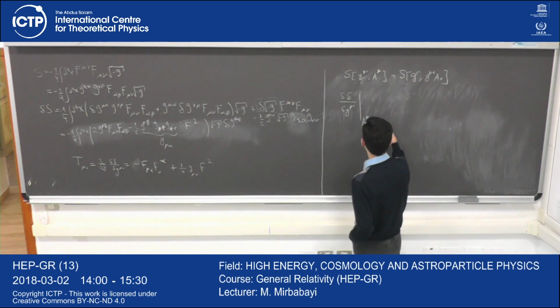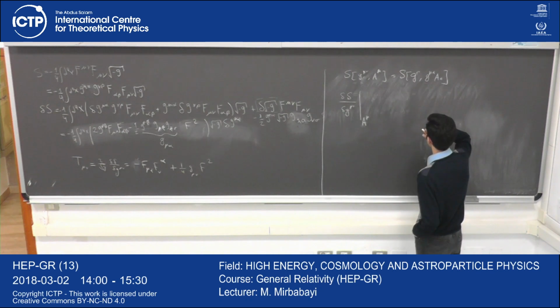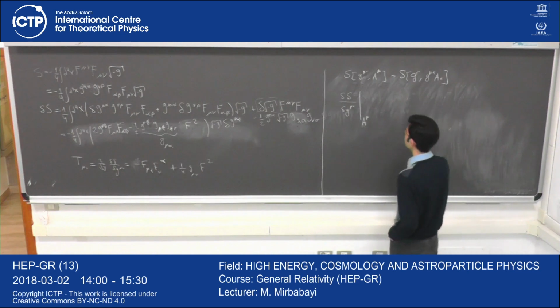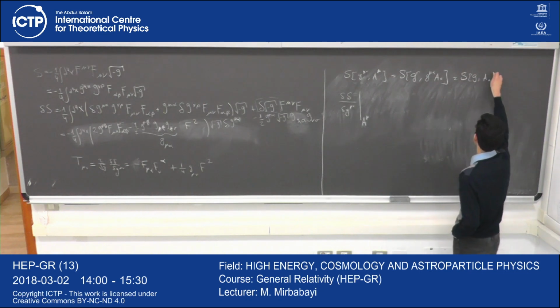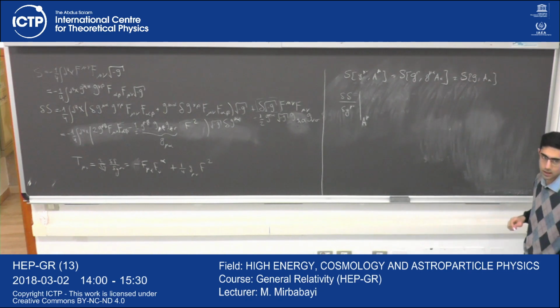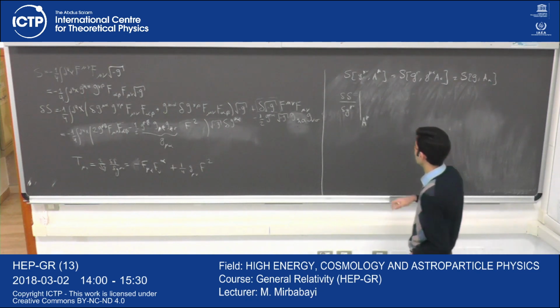In fact, I want to do another thing. So now you can think of it as S of g and A alpha with lower index, right? Because now it's a function of the metric and A with lower index.